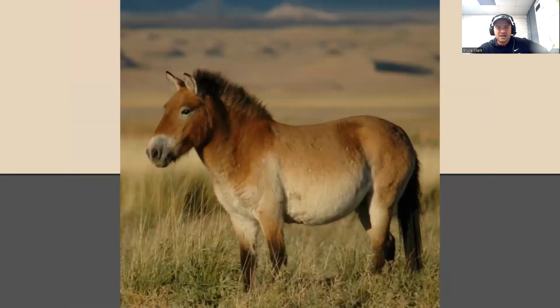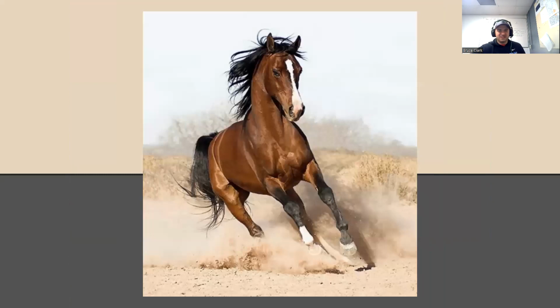Same thing with horses. Ancestors to the modern horse are few and far between, but there is a look at a wild horse, and you can tell that's very different from our domesticated animals. Once again, think about ancient cavalries, those kinds of things. Horses were the mode for transportation.